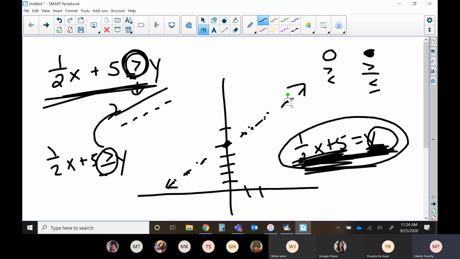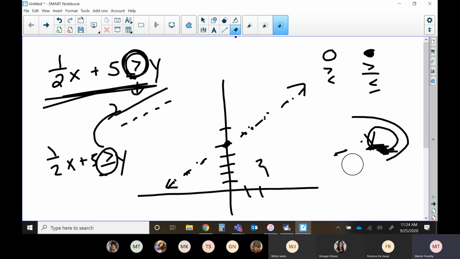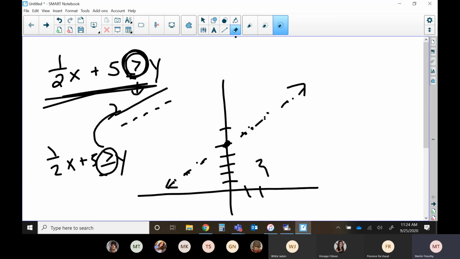Now I'm not finished. The last thing is, for this, one of your sides will be true. Do you see that there are two sides to this line? There's an above it up here. This is a side, and there's a below it. Do you see how the line has two sides to it? One of those sides will be a true side, meaning no matter what you put in, every ordered pair on that side will make this inequality true.